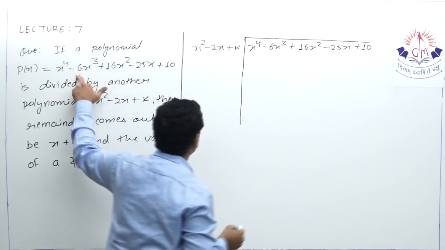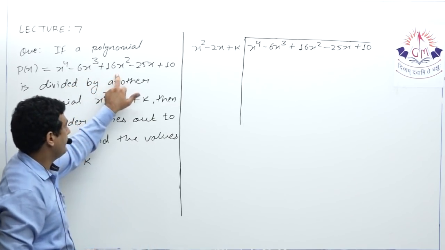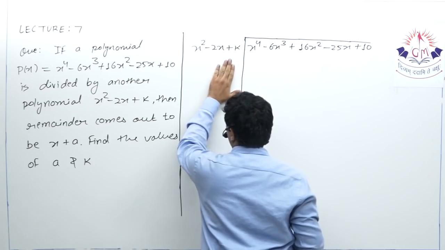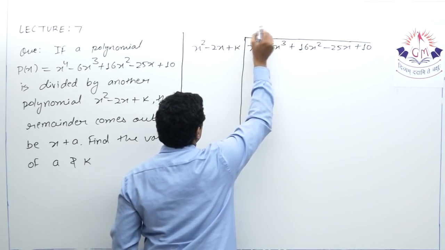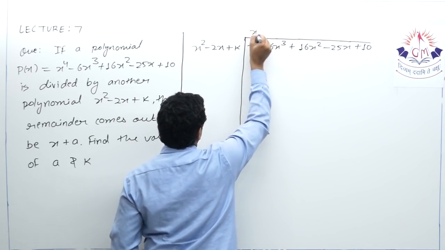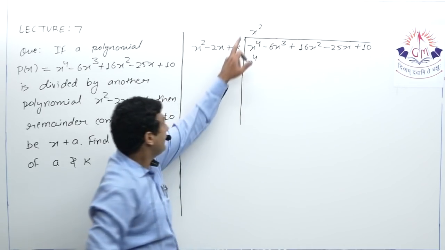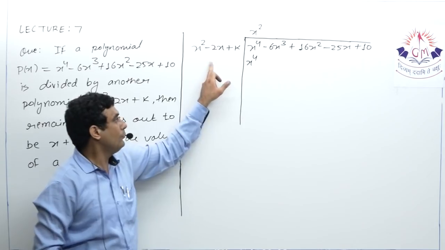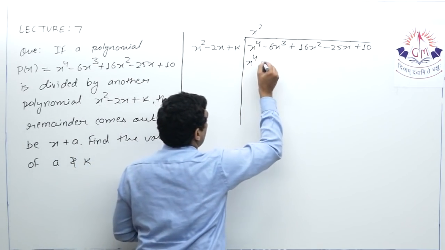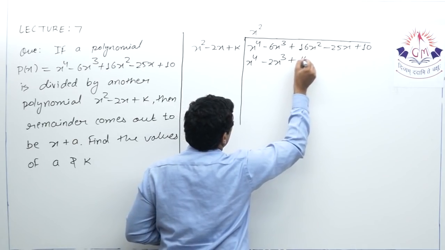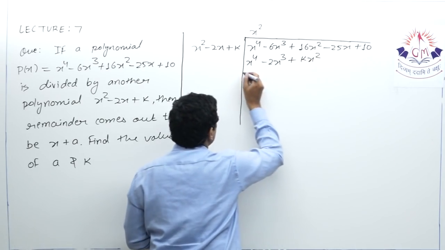So the first term of the quotient is x square. x square into x square is x raised to 4, then minus 2x cube, then plus kx square.